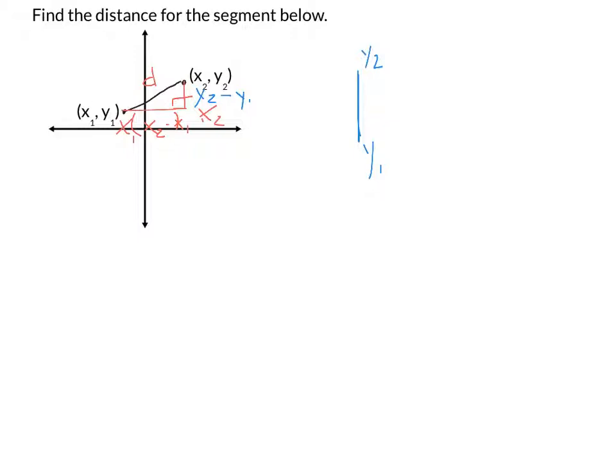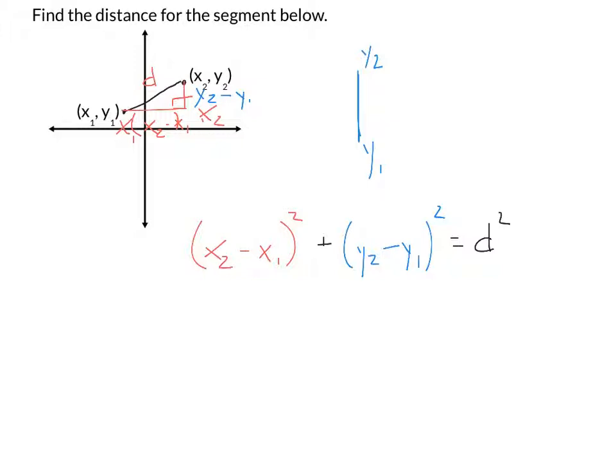We have our x2 minus x1 quantity squared plus, then our vertical piece is y2 minus y1 quantity squared, and that's equal to whatever our distance is squared.